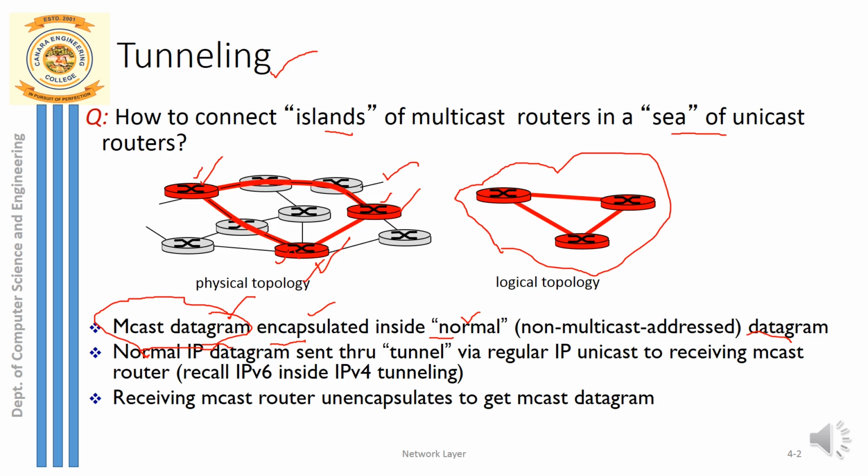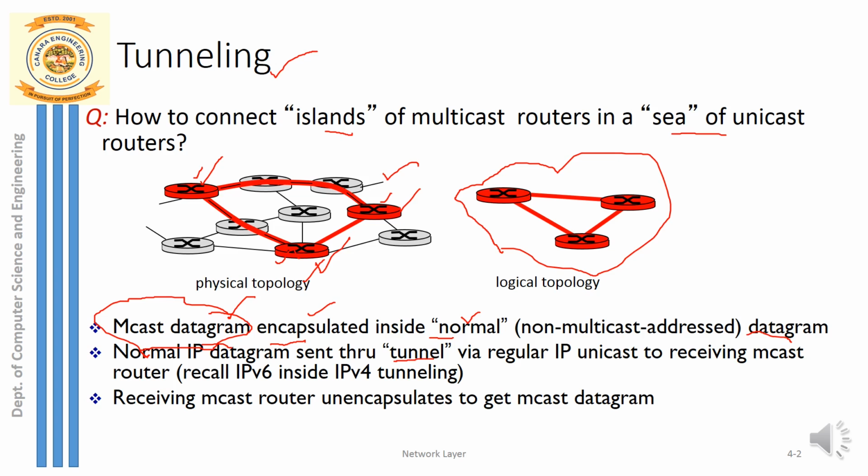This multicast datagram is destined only to the multicast group members, so only the multicast routers should be able to unwrap and extract it. But this normal datagram can be accessed by all the other unicast routers in the network. So this normal datagram now consists of the multicast datagram. Next, we send it through the tunnel.